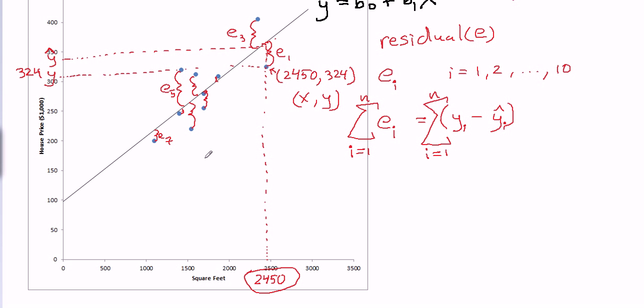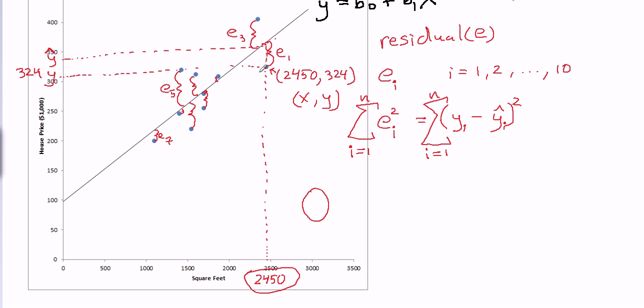Now, if you were to actually sum all these residuals, you will always end up with a big fat 0, and that gives you nothing to work with. So we square each one of them so that the negatives don't counteract the positives, and we actually have something to work with.